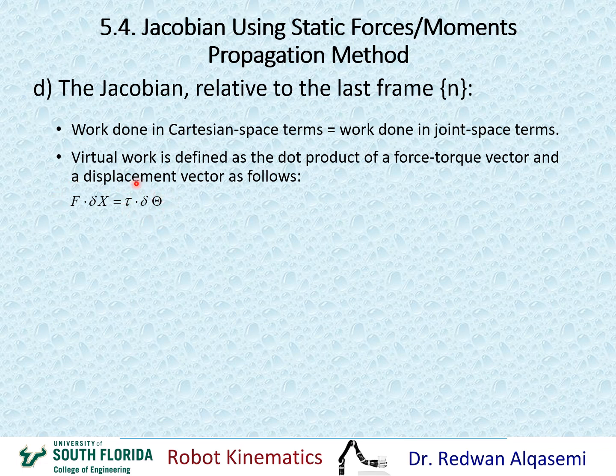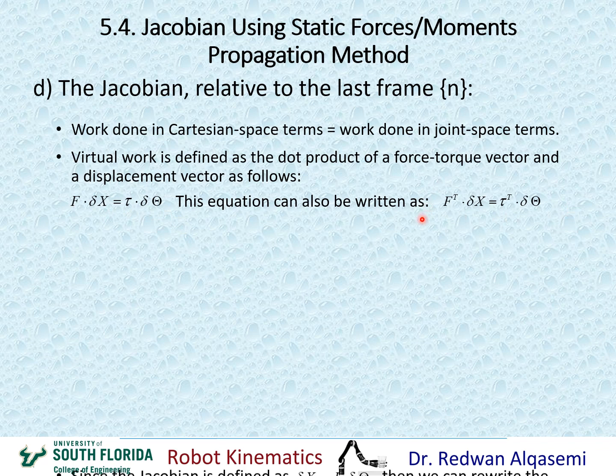So this relationship here gives me the equality between having the work or the virtual work represented in the Cartesian space or in the joint space. Now this equation can also be written as transpose of F and transpose of tau. Whether we do the transpose or without the transpose, it gives the same results.